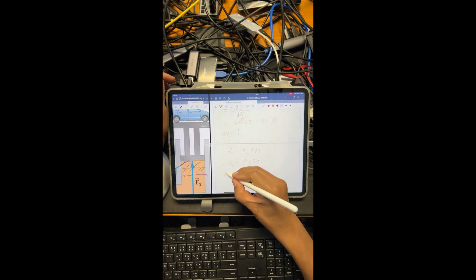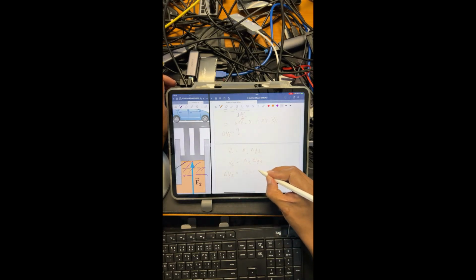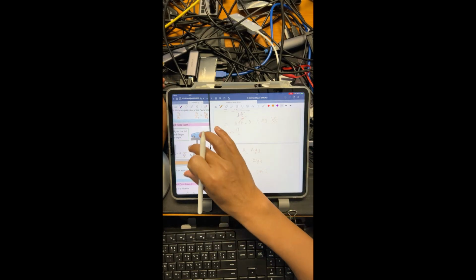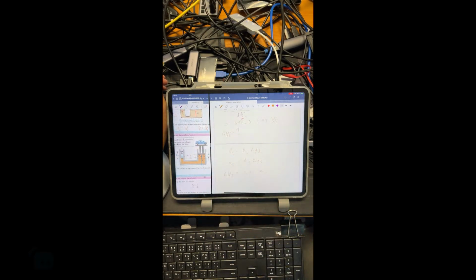Yeah, delta y2 is 0.1 meter, and assume that this system is perfect, right? There is no leak of hydraulic oil at all. They have a good seal between the piston and the cylinder and the wall here, on both sides.